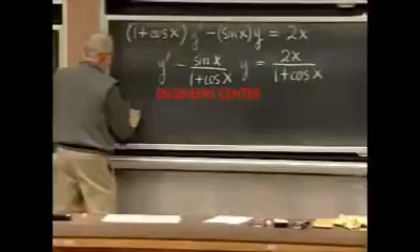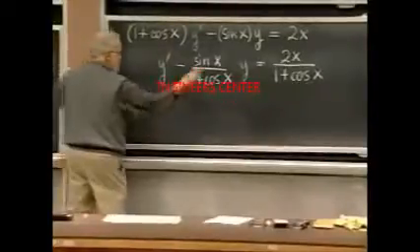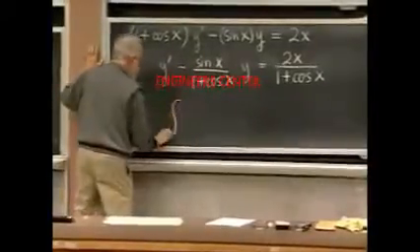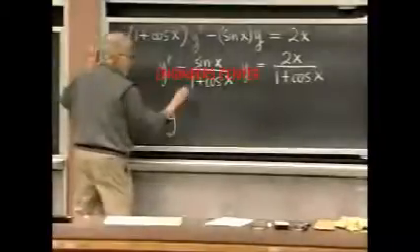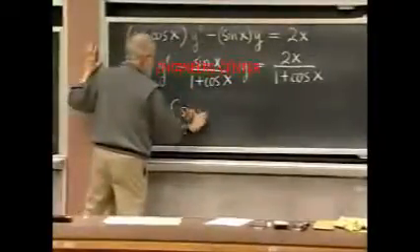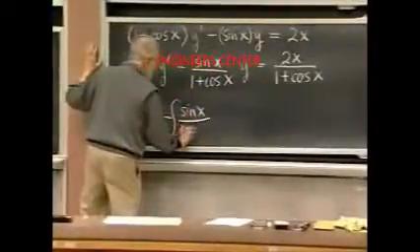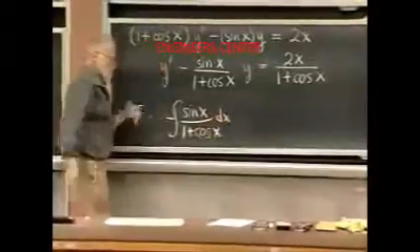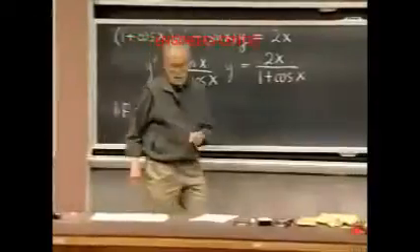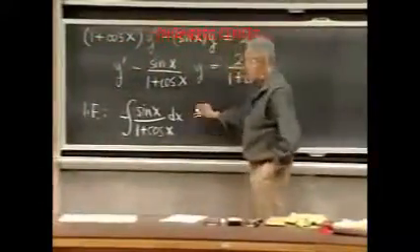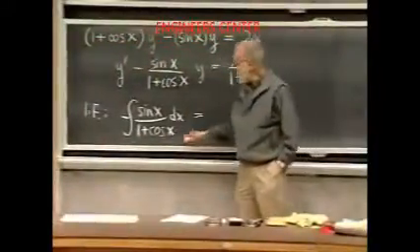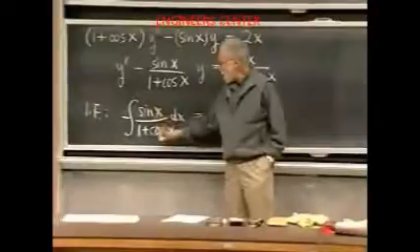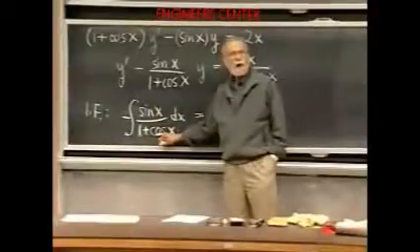What's the integrating factor? We want to calculate the integral of negative sine x over 1 plus cosine x. That's the integral of p dx, and after that, we have to exponentiate it. Well, can you do this? Yeah, but if you stare at it a little while, you can see that the top is the derivative of the bottom.